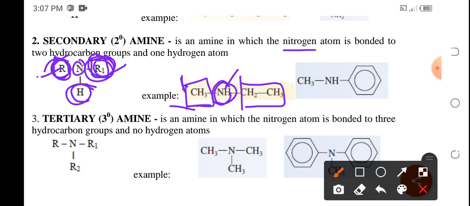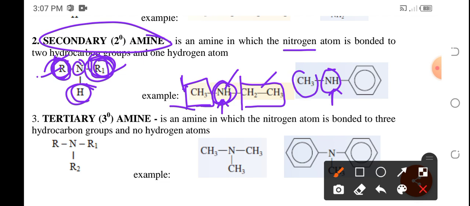With two hydrocarbons being bonded to this nitrogen, it should be classified as a secondary amine. Still, this is the nitrogen. It has one hydrogen on it, and this is an alkyl and this is an aryl, which are attached to the nitrogen. So there are two series of carbon atoms attached to the nitrogen, therefore it is a secondary amine.